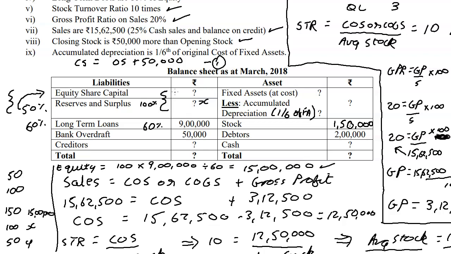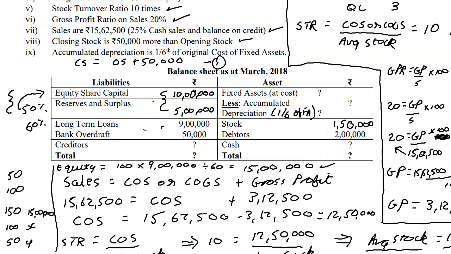So moving in here, this one becomes 10 lakhs and this one becomes 5 lakhs. I'm getting rid of the X that I mentioned before, and I'm also getting rid of the question marks.